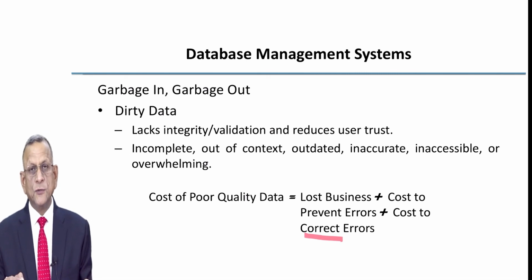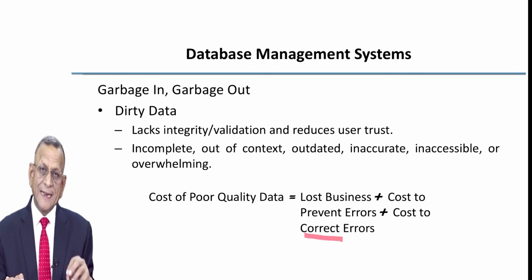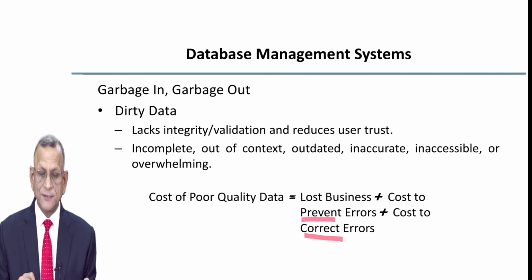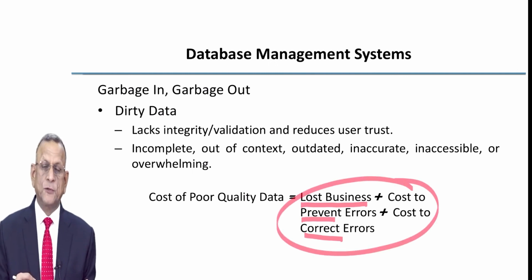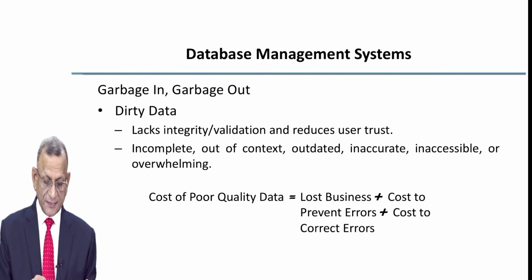The process to capture the data is not in a position to help us to capture correct data, so we have to prevent errors. And because of this, we have also some loss to the business. So all three things put together will lead to cost to business. This is the cost of poor quality data.